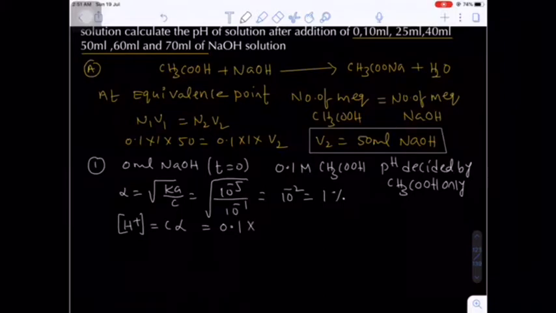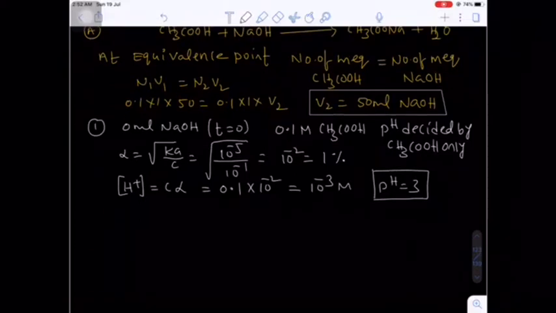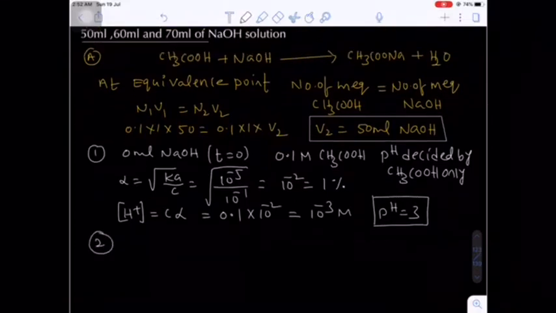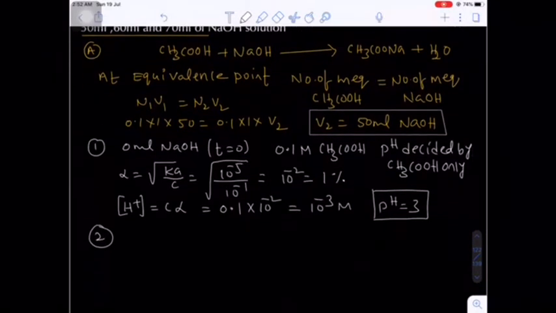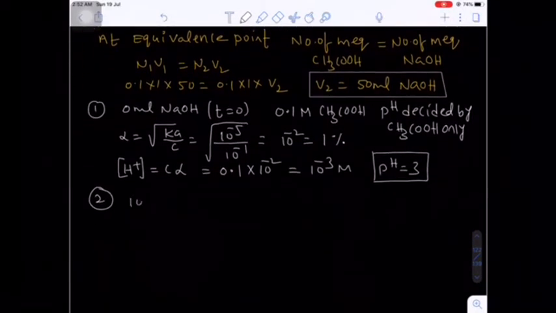Now what is the H plus ion concentration at equilibrium for a weak electrolyte? C into alpha. What is the C value given? Acetic acid 0.1 molar, alpha just now calculated 10 to the power minus 2. So the H plus ion concentration will be 10 raised to minus 3 molar. So the pH of the solution initially is 3. This is the initial stage.